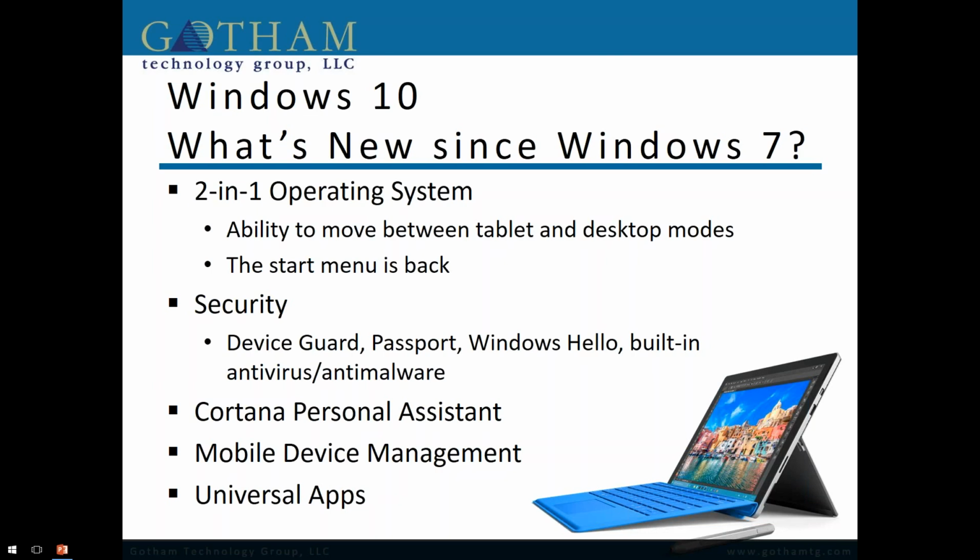So with MDM in Windows 10, which is baked in, an organization can now have control over that non-corporate desktop. So when a machine enrolls, you can apply policies that only affect work-related stuff.